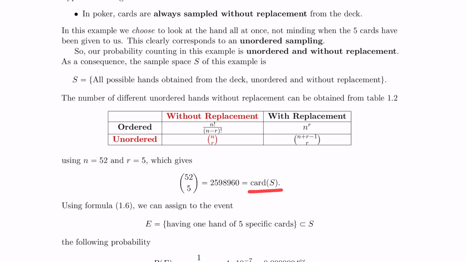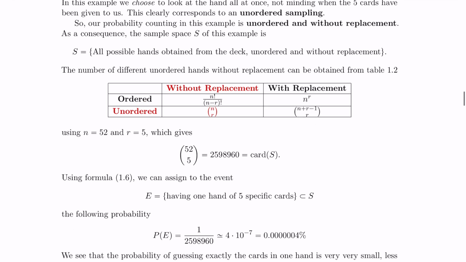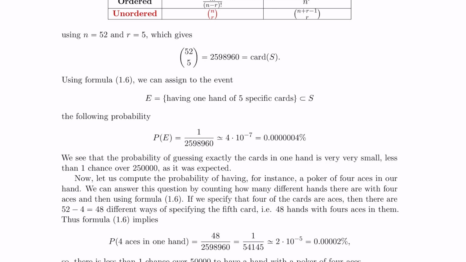So the cardinality of the sample space, given by all possible hands obtained from the deck, unordered and without replacement, is given by this binomial coefficient or this explicit number. Using formula 1.6, we can assign to the event E that consists in having one hand of 5 specific cards the following probability.